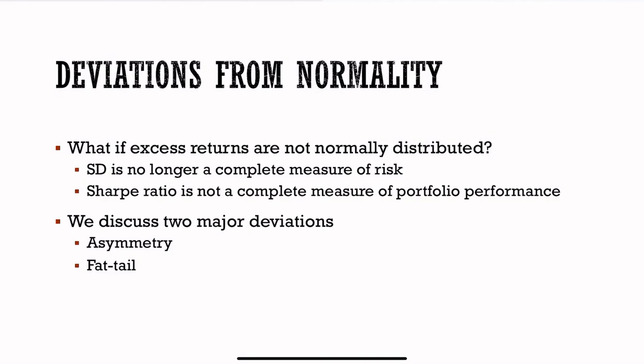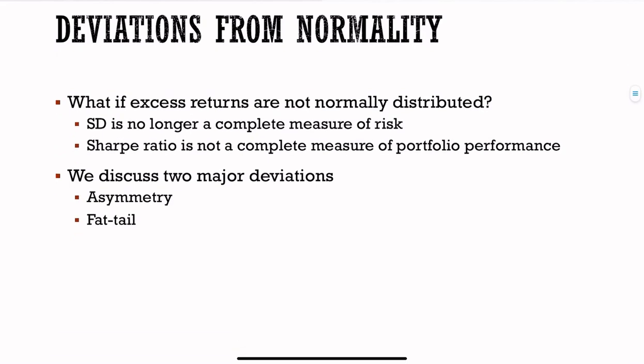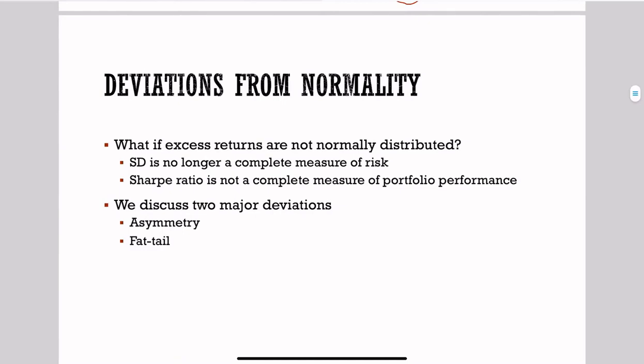And we know that Sharpe ratio is defined by the ratio of return and standard deviation. So if standard deviation is not a complete measure of risk, this implies that Sharpe ratio is not a complete measurement of performance. So why are returns not normally distributed? Well, if you look at data, then you can see that generally security returns feature asymmetry and fat tail.